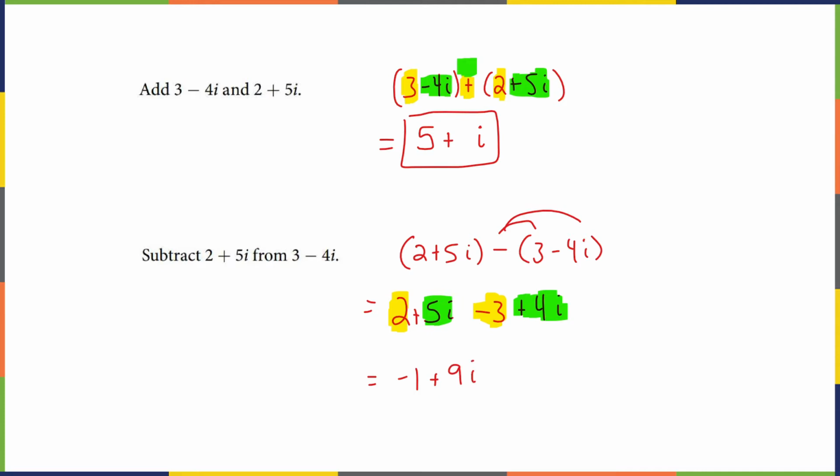Now, notice that you don't have to do the distribute method if you don't want. You can do it the way that we were talking about before. If you did that, notice here that it would be 2 minus 3 still gives you negative 1, and 5i minus negative 4i is also going to give you 9i.